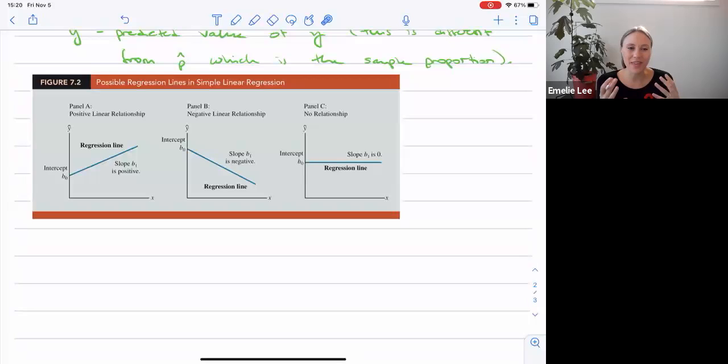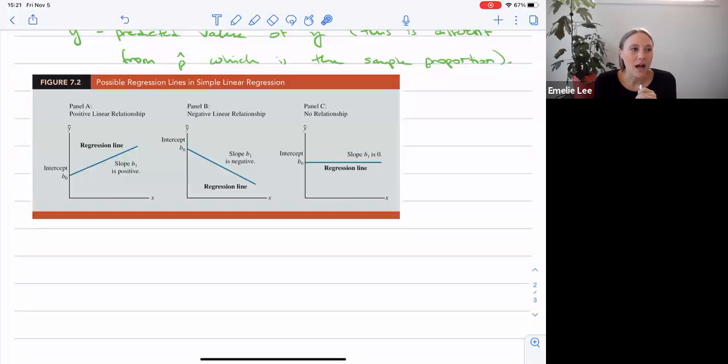What this textbook doesn't talk about in chapter 7 is that we can make transformations on some of the variables to make a linear regression. So even if you don't have a linear relationship, you can usually force one, and that's kind of cool because a linear regression is really easy to do and almost fun, some might say.